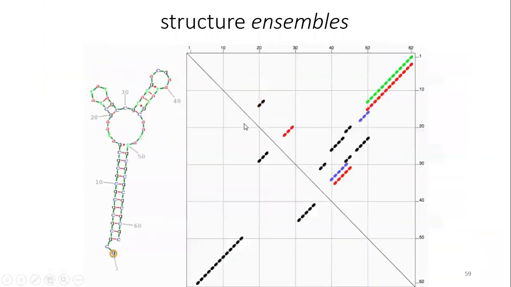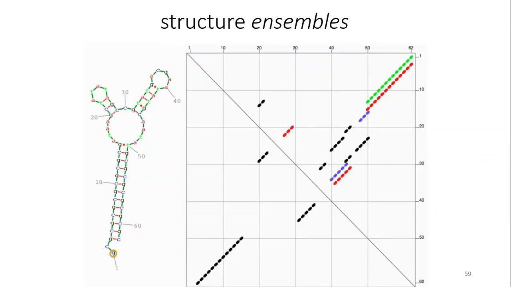Good. Now it is also possible that there might be different ways in which the same structure can be folded, and thus it can be represented in a single plot. The green color represents one format of folding, the red shade would represent a different form of folding, and the black color would represent yet another form of folding.